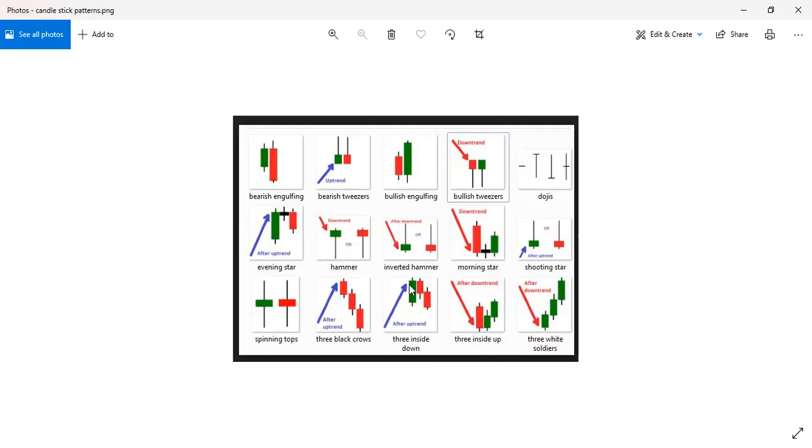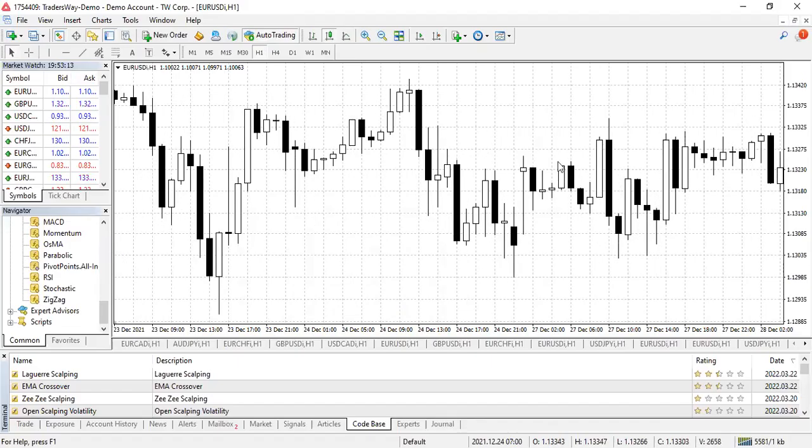We have a bullish candle followed by a bearish candle followed by another bearish candle. This is three inside down. A big bearish candle followed by a bullish candle, then followed by another bullish candle. This is three inside up. So let us look at how it is in our MT4.